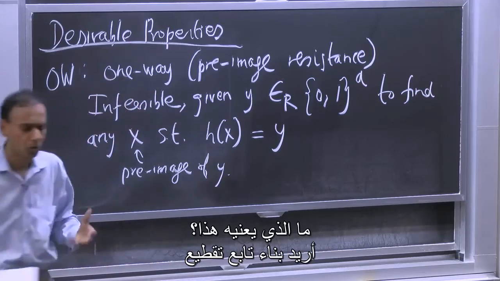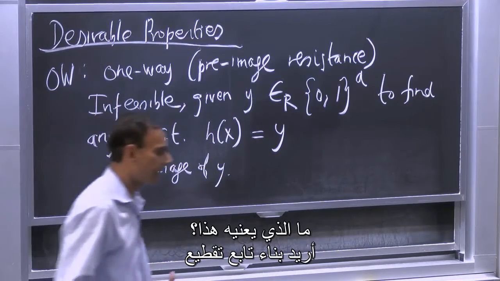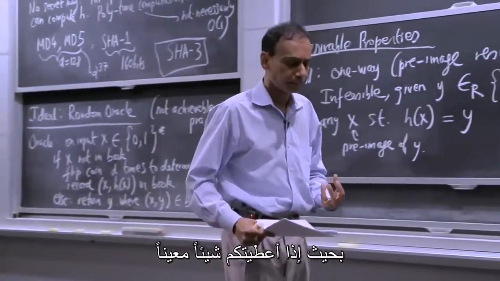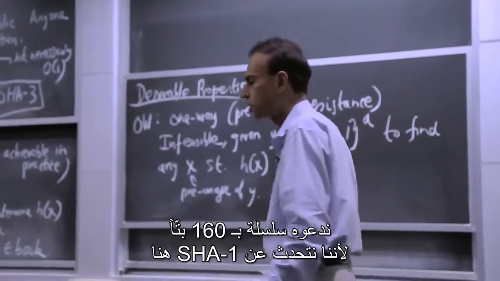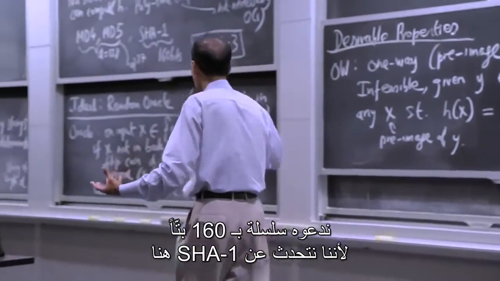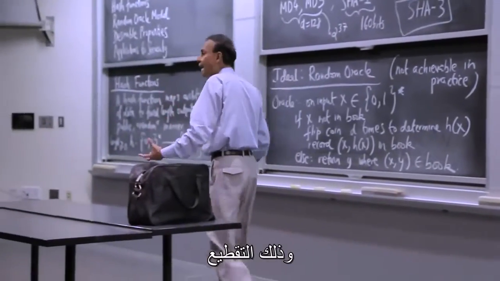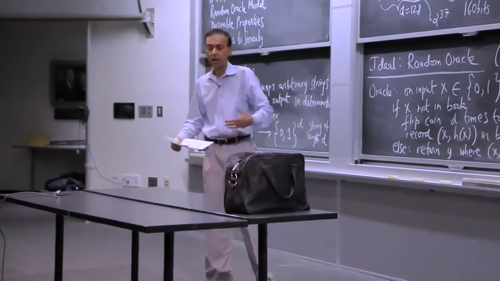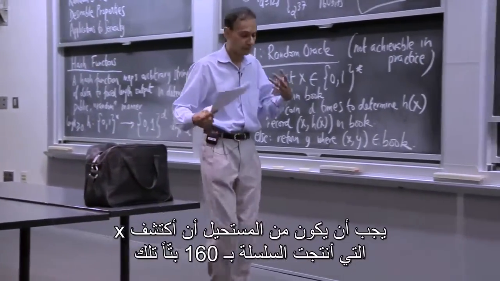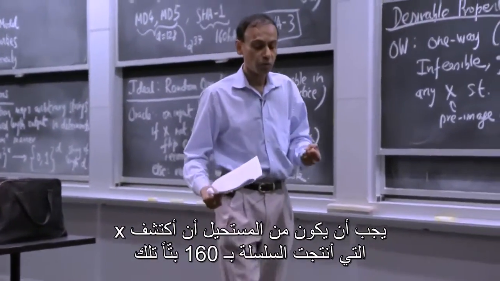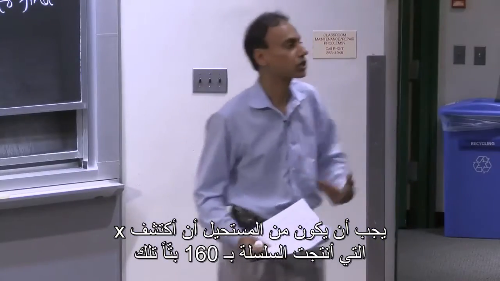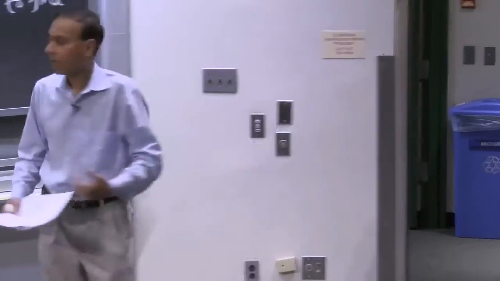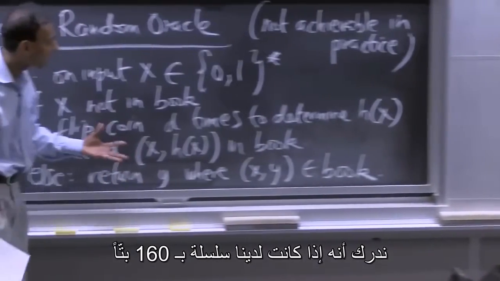So what does this say? It says that I want to create a hash function such that if I give you a specific 160-bit string, because we're talking SHA-1 here, and that's the hash, it's going to have to be impossible for me to discover an x that produced that 160-bit string, okay?